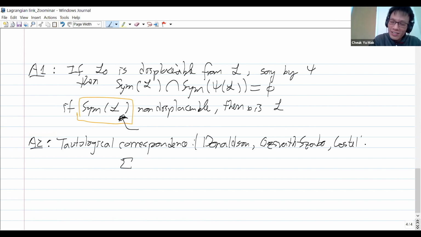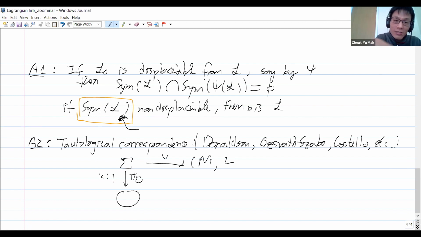And it goes as follows. If you have a Riemann surface sigma together with a k-to-1 branched covering to a disk, and if you have a holomorphic map V from sigma to M with boundary on the collection of Lagrangians L.